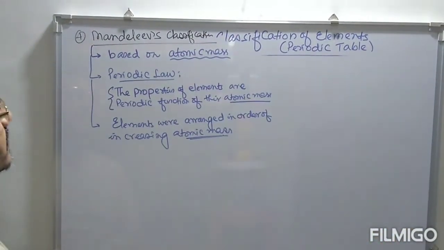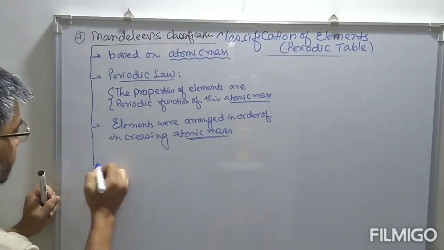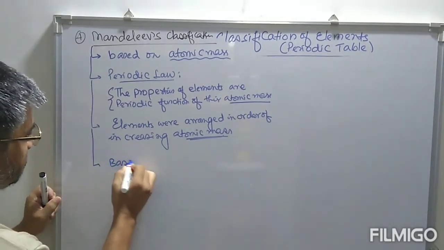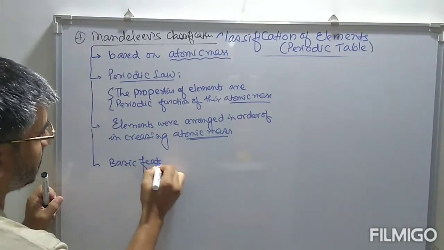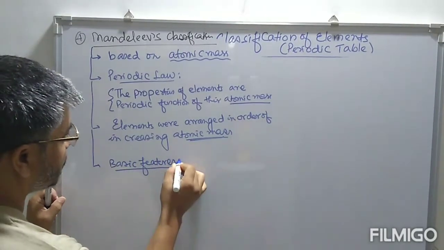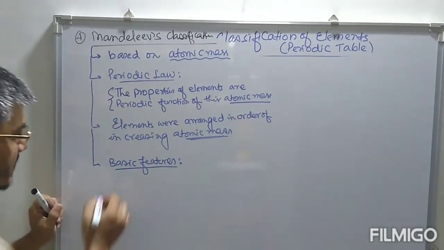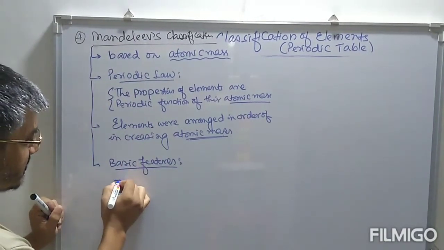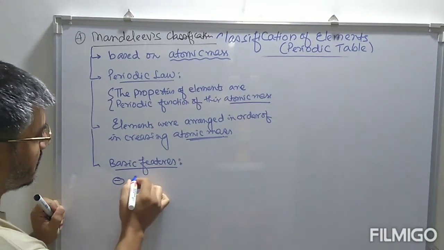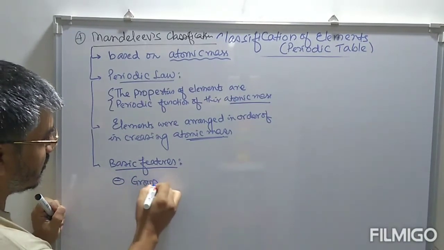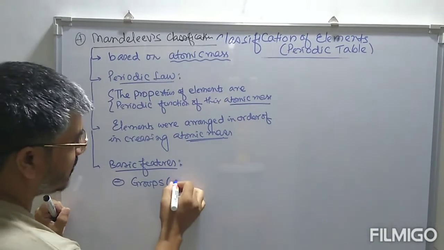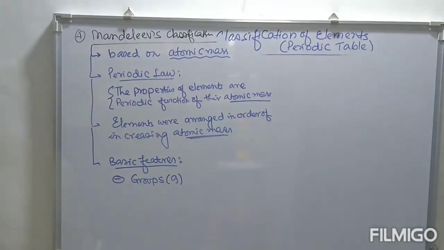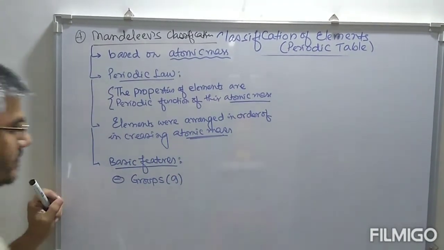So the basic features of Mendeleev's classification: this contains groups. Total 9 groups were present. Groups means vertical columns.